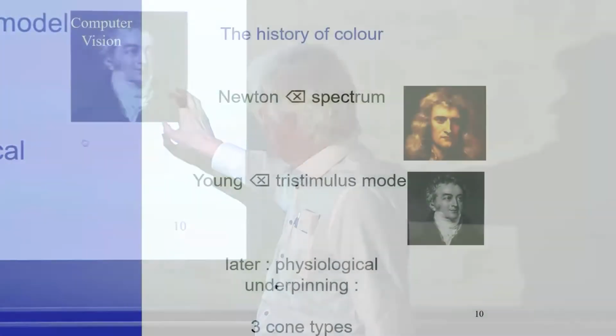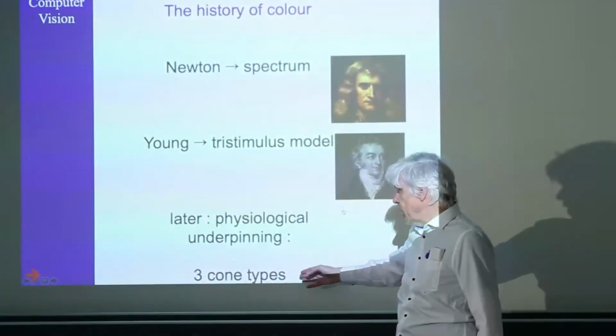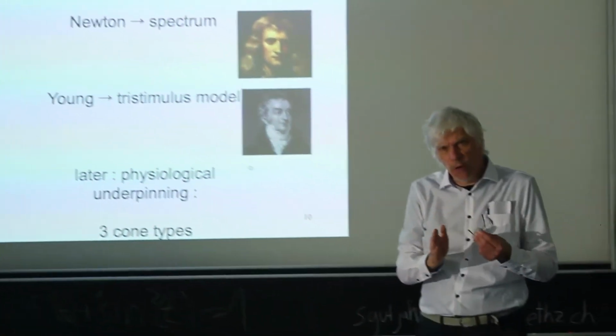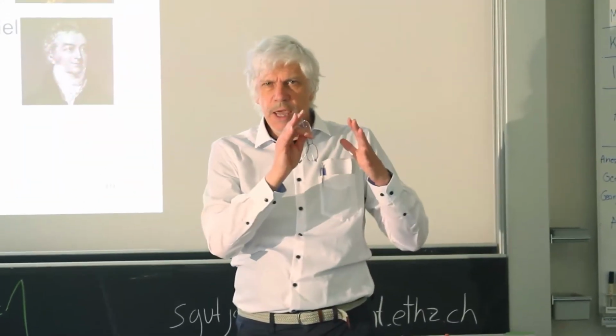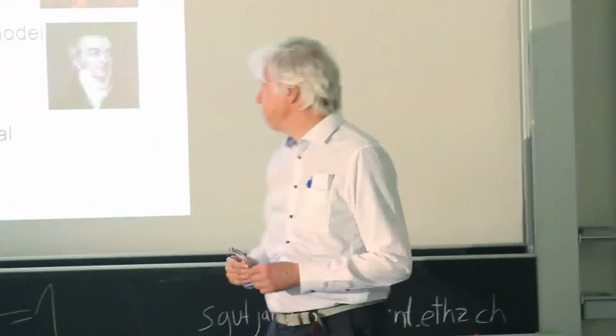And what he saw and basically derived a theory for was later given also a neurophysiological, so biological underpinning, when in the eye the 3 cone types were found. So these are 3 different kinds of light-sensitive cells in our retina, that each sample part of the spectrum that we can see.